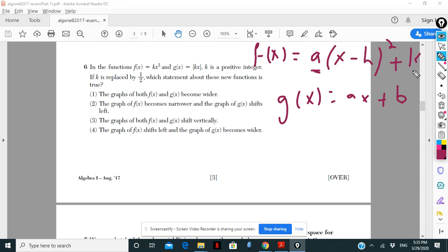Regardless, the k value here is 0 and the b value here is 0, so now the a value is going to be half.